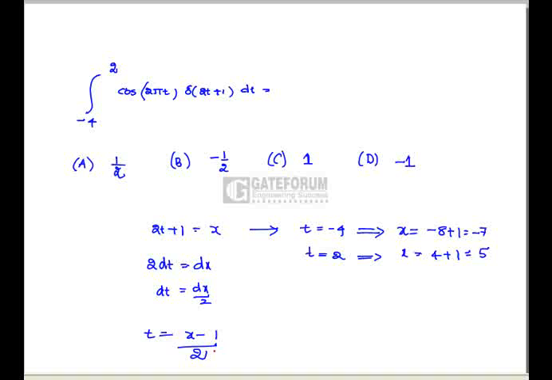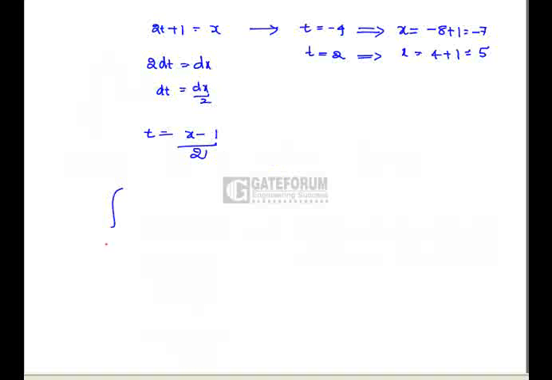So if we substitute all these values into the equation, we get 1 by 2 times the integral from minus 7 to 5 of cos of pi times x minus 1, delta of x dx.